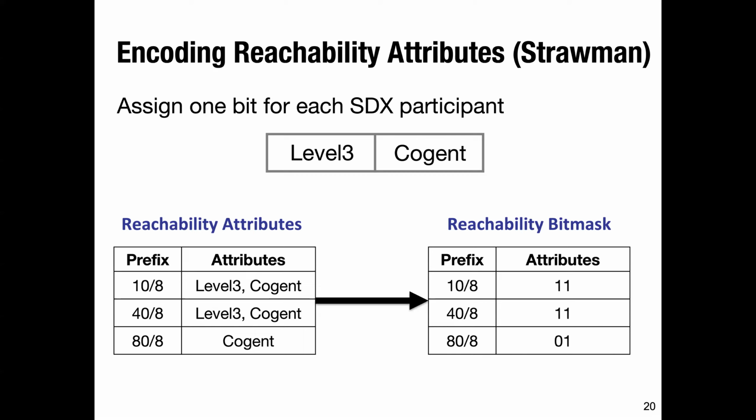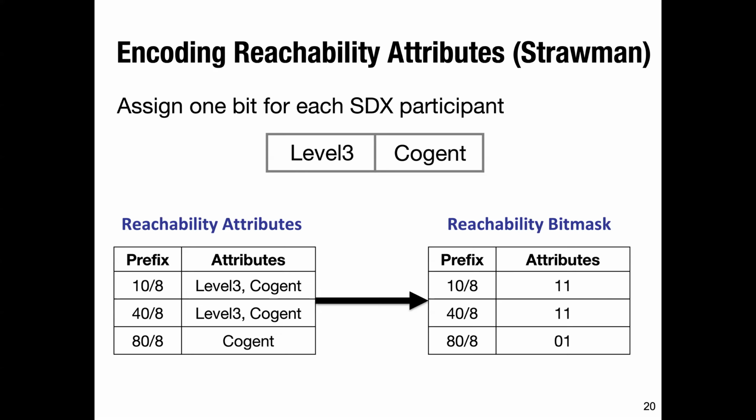The attribute for the prefix 10/8, because it can be forwarded to both Level 3 and Cogent, will be 1 1. 40/8 will be 1 1, and 80/8 will be 0 1, because it cannot be forwarded to Level 3, right? So this is the reachability bit mask that can be added to the packet, as the metadata which the packet should carry.